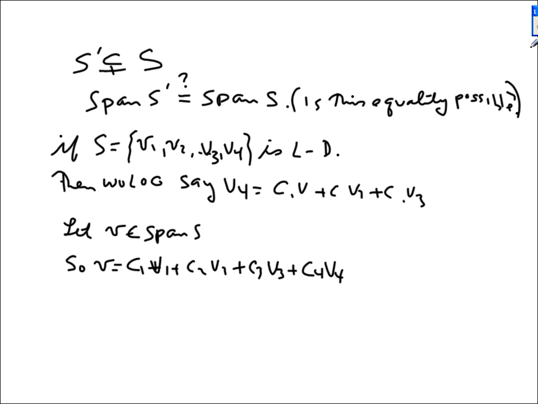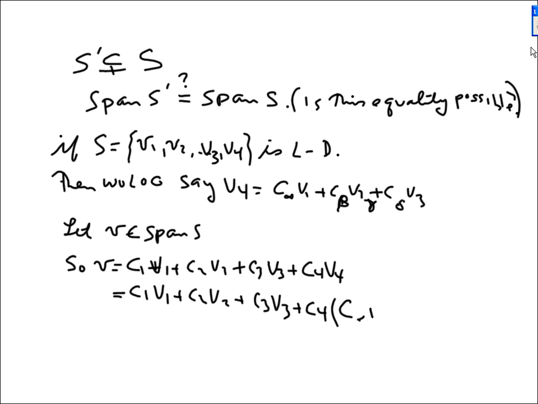How about we call these alpha, beta, gamma, and delta. Well, this is C1 V1 plus C2 V2 plus C3 V3 plus C4 times V4. But V4 is C sub alpha V1 plus C sub beta V2 plus C sub gamma V3.